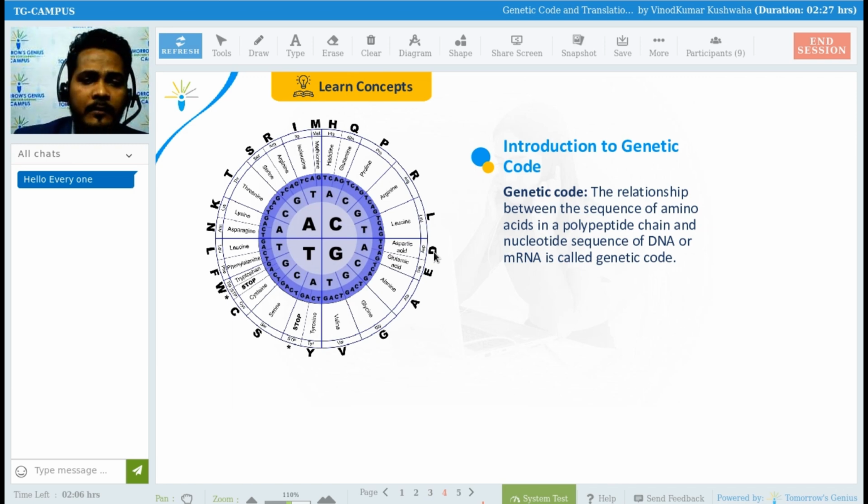As of now we are very much aware that there is an intimate connection between the gene and the synthesis of polypeptides, or we can say enzymes. Now you are very clear about the polypeptide, which is a chain of different amino acids. So 10 amino acids make one polypeptide, right?